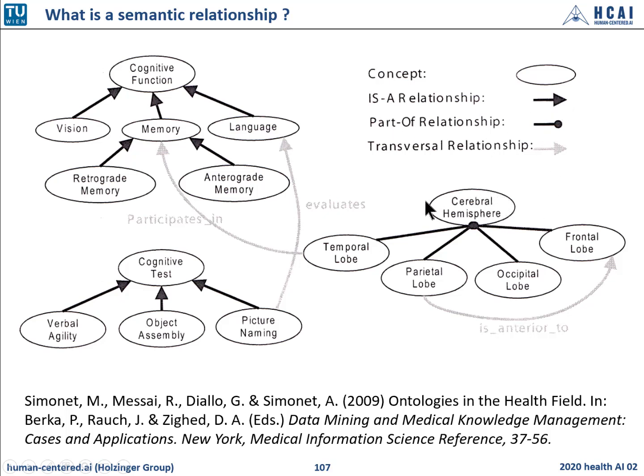So for example, cerebral hemisphere is part of frontal lobe and temporal lobe and so on. And then you have this transversal relationship, this is this light gray arrow. Picture naming is a transversal relationship to language, and temporal lobe is a transversal relationship to memory. And you see here, verbal ability is a relationship to cognitive test and so on.